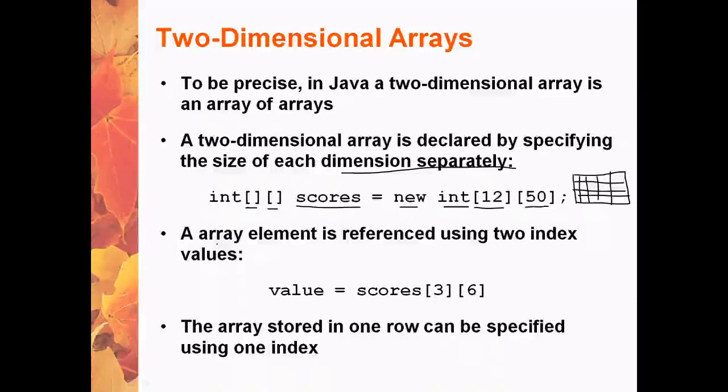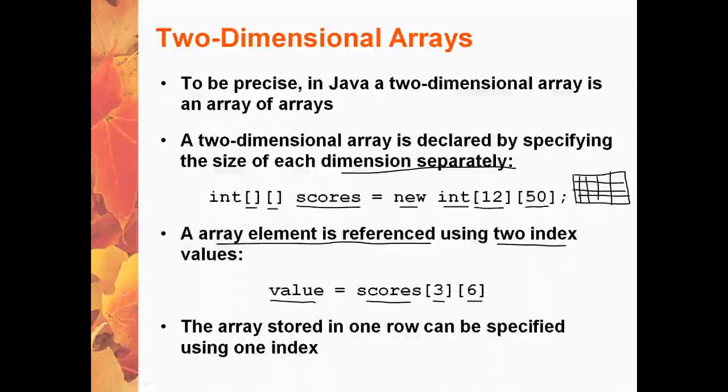An array element is referenced using two index values. Now how is an element referred to in a two-dimensional array? As I've told you, we have to use the row index as well as the column index to refer to any element. One example is given here: a variable value is equal to scores[3][6].